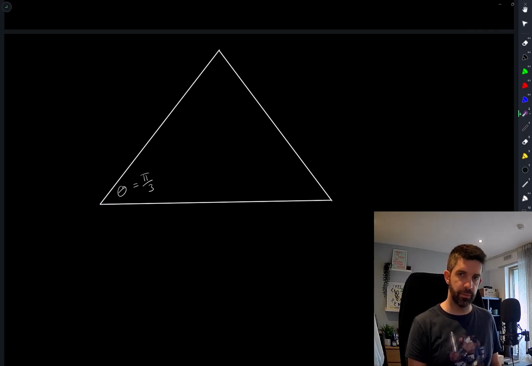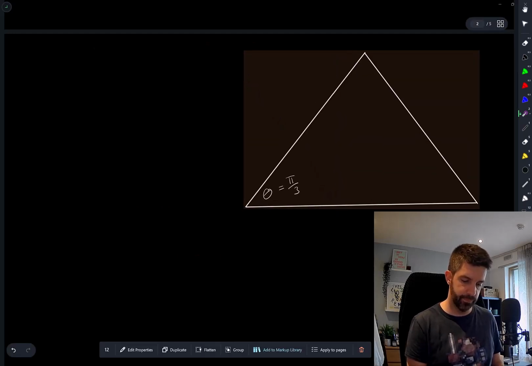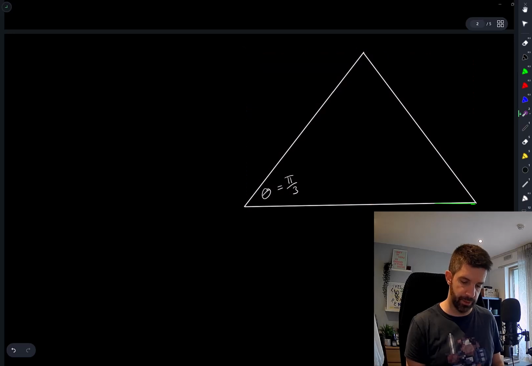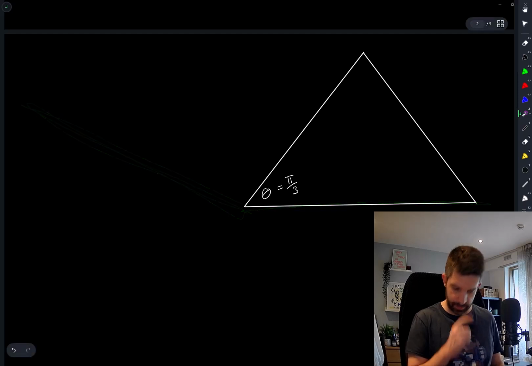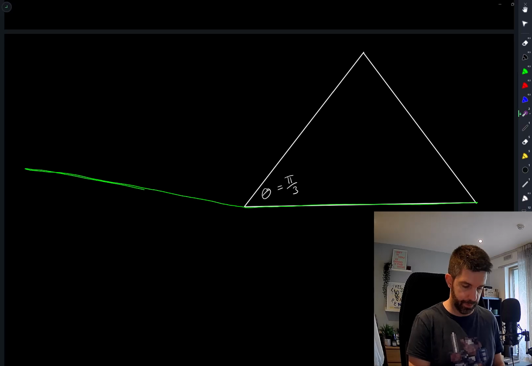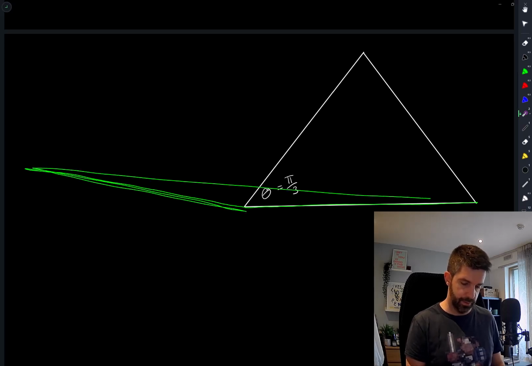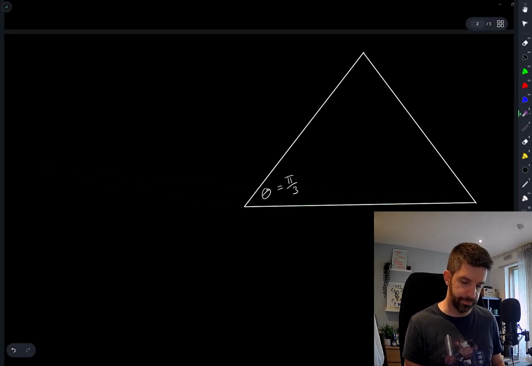Almost certainly will have a larger area than the one where the other length is 19, right? If the other length is 19, then we have a triangle with the base here and the other side like that. But it's in fact very close to, it's a very narrow triangle.